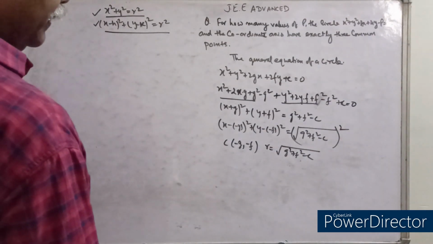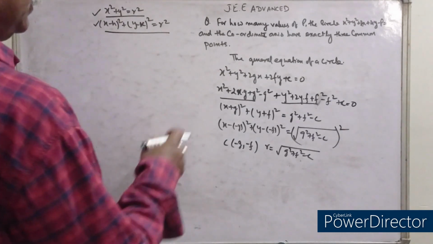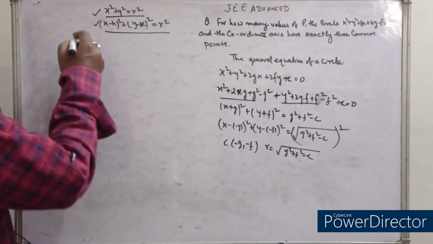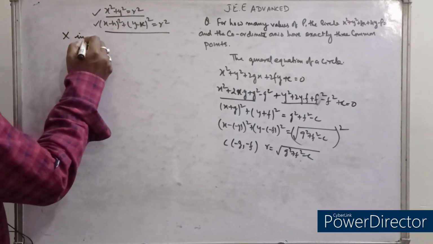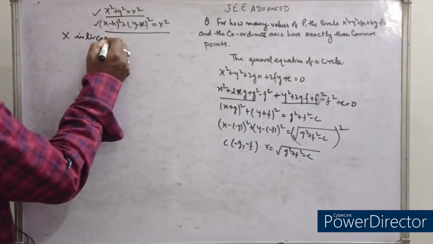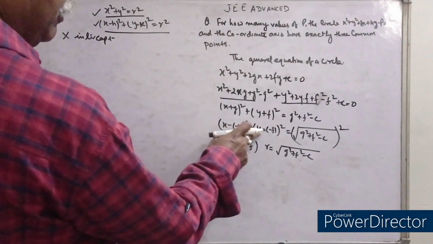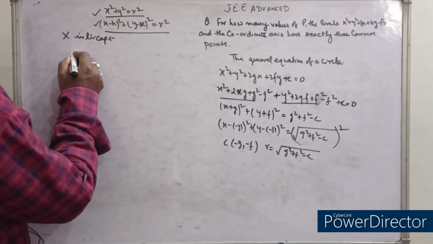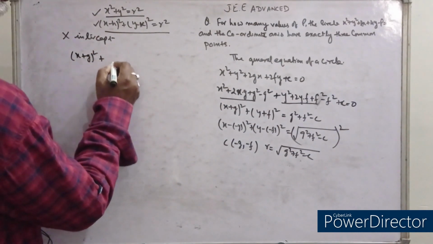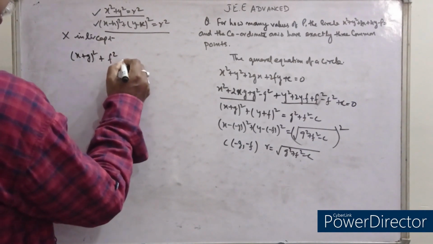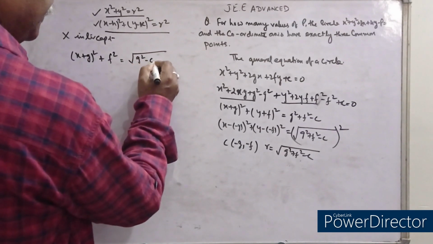So now the most important point here is that if your circle cuts the x-axis, that is, makes an x-intercept, then y will be 0. So this will become x plus g the whole square plus f square equal to g square plus f square minus c.